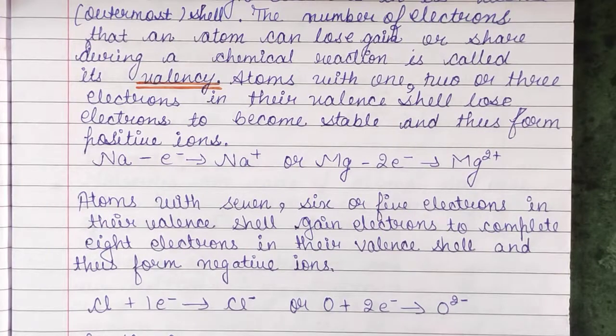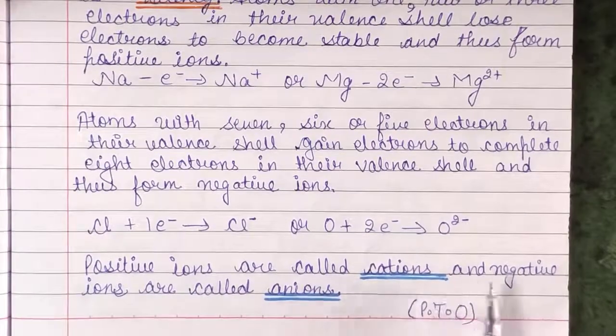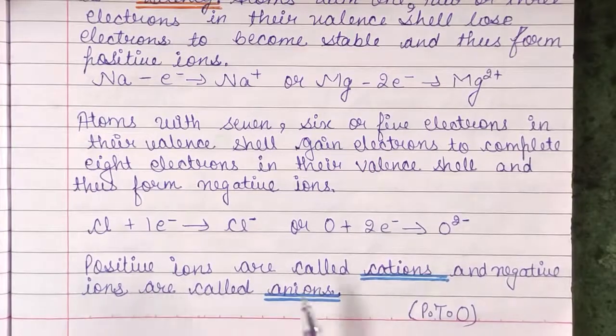And just remember that all the metals will lose electrons, all the non-metals will gain electrons. All the metals are good reducing agents, whereas all the gases are good oxidizing agents. And positive ions are called cations and negative ions are called anions.